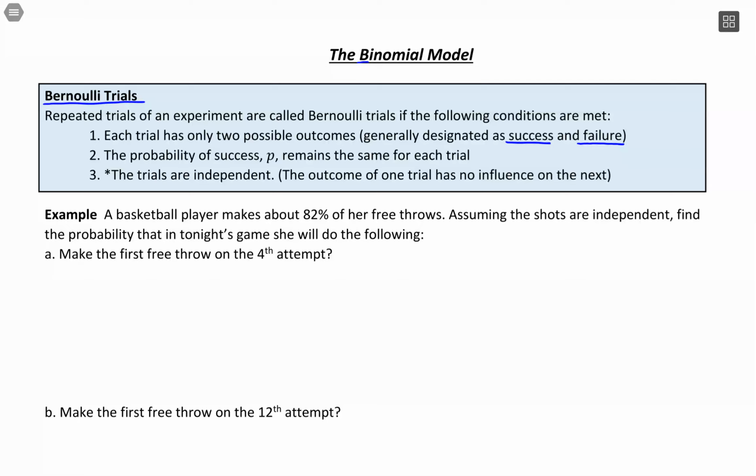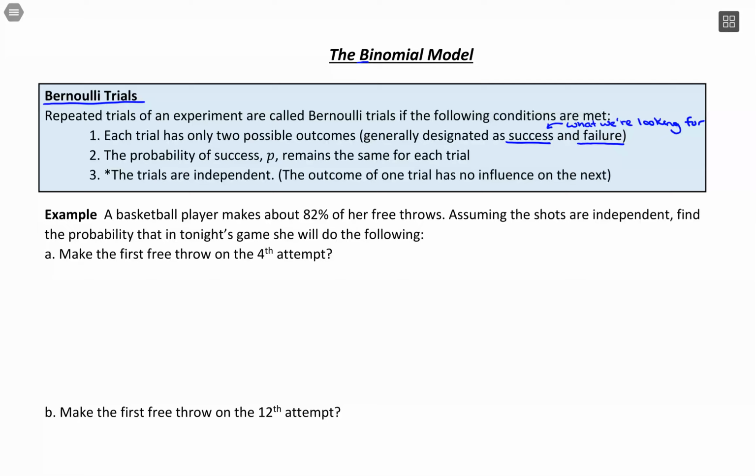Now, in terms of which is success and which is failure in these cases, success is always going to line up with what we're looking for. Meaning, while in English we have positive and negative connotations with success and failure, that's not necessarily what we do here.